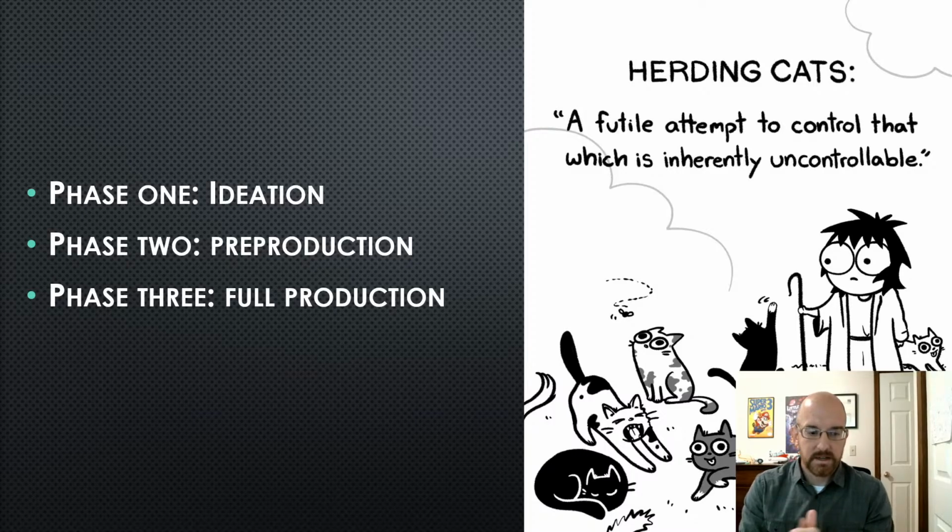Now, the idea of production, I'm using this image kind of ironically. The idea of production is that production should not feel like herding cats. It's a nice, amusing picture to put in, like, oh, we're talking about production. But if we do this right, and we do this in an ordered way, it will not just feel like herding cats.